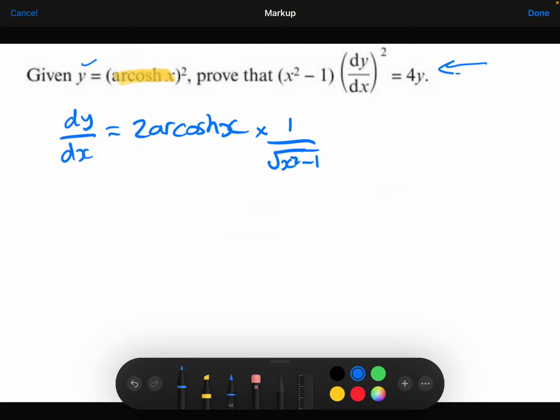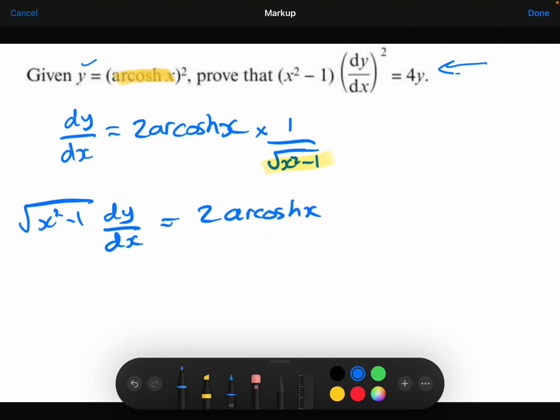So first thing I'm going to do is multiply to get rid of this awkward fraction down there. So I'm going to times both sides by the square root of x squared minus 1. I'm then going to square both sides to get rid of this square root. So if I square the left-hand side, the square root of x squared minus 1 will just become x squared minus 1.